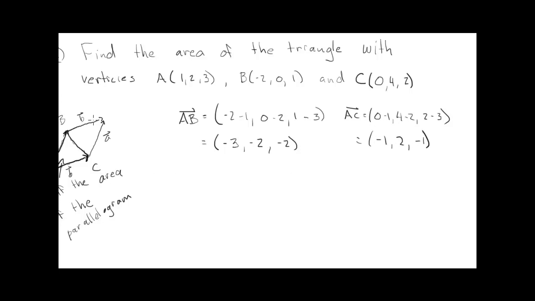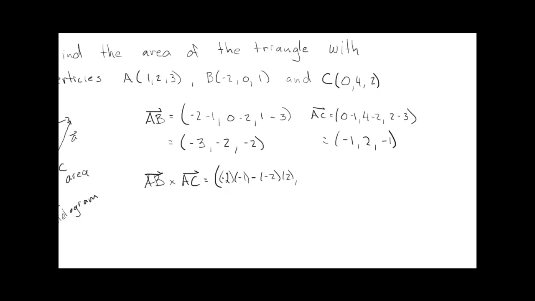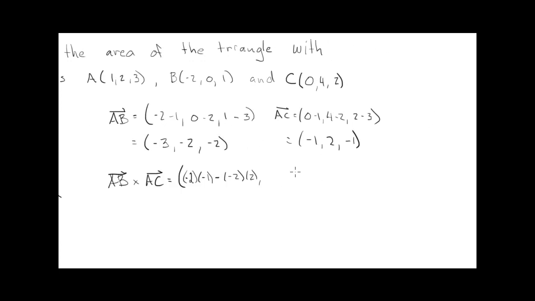We then want to get the area of the parallelogram, so we'll do the cross product of AB cross AC. So that would be negative 2 times negative 1 minus negative 2 times 2. So that's your x component.